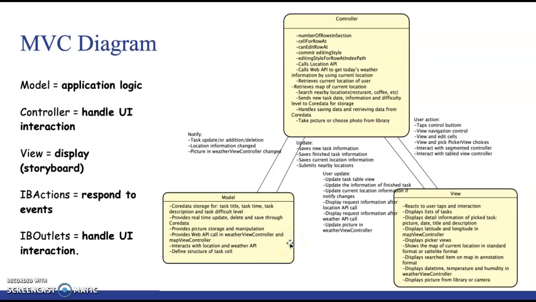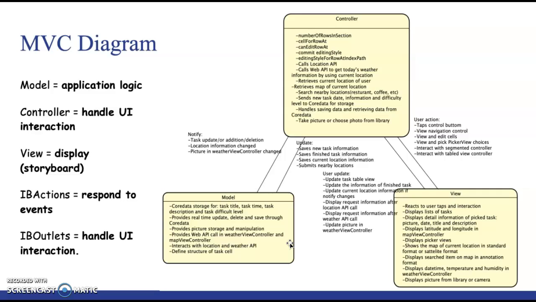It's two different web API calls. The first one is the location map web API, and the other one is the weather API. It will interact with location and weather API, of course.